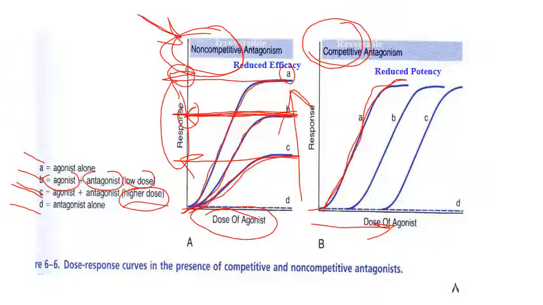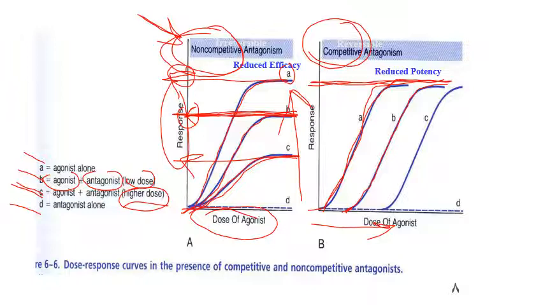So we do need a higher dose of the agonist. So the start point is here. We need a higher dose of the agonist to produce the same response that we get in the case where we don't have an antagonist. So increasing the dose here will increase the response, and we can still reach the maximum response that we get in the presence of agonist alone without antagonist.